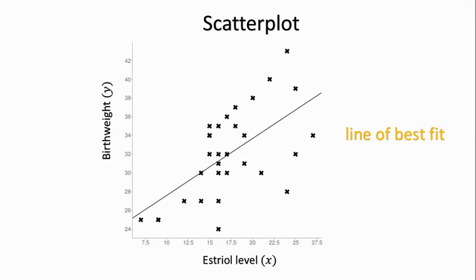We call this the line of best fit, and the line is described by the equation y equals 0.61x plus 21.52. This equation will allow us to predict the birth weight given any estriol level so long as it is within the range described in the data set.